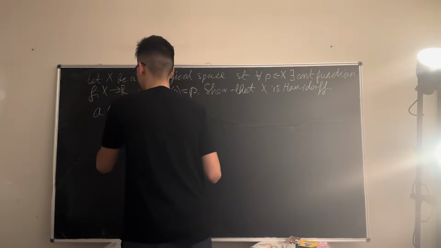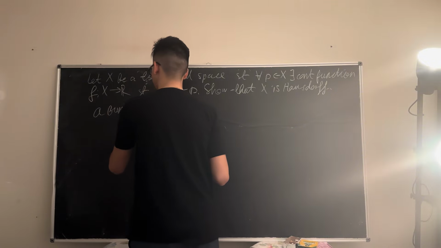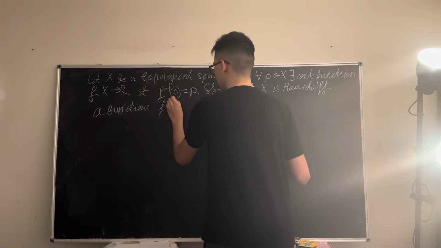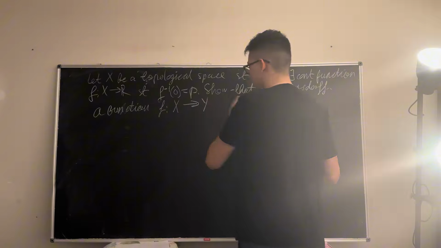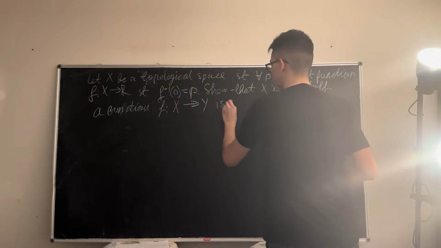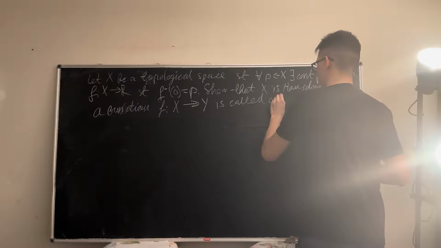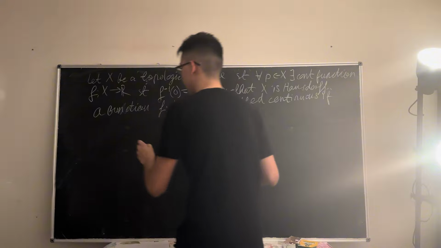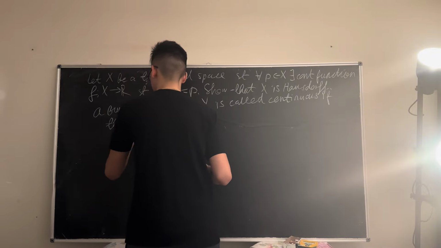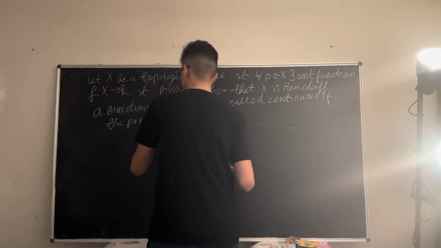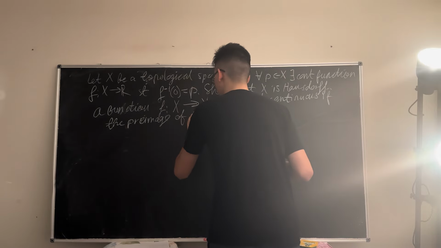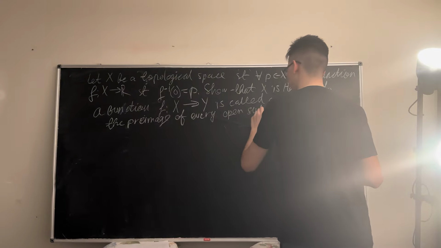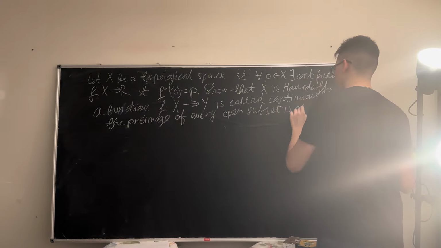A function f from a topological space X to a topological space Y is called continuous if the preimage of every open subset is open.